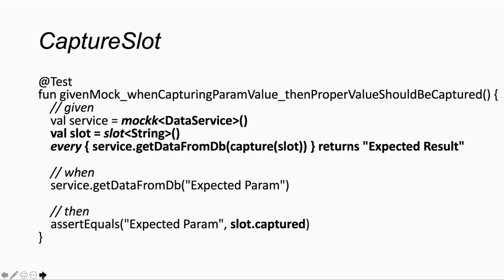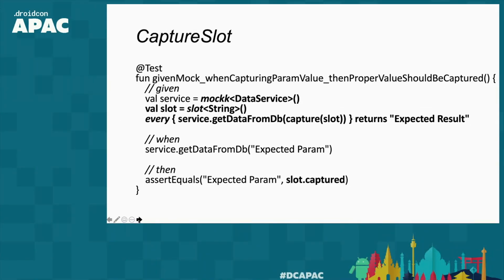So you can see here, first I'm creating a mock of data service, then I'm creating a slot of string because the input argument is string to both the methods. Then I specify that for every call to get data from DB, I want to return some result. And then I make a call, and after making the call, I get the argument captured in the slot, and then I can use slot.captured to get the value of the argument.